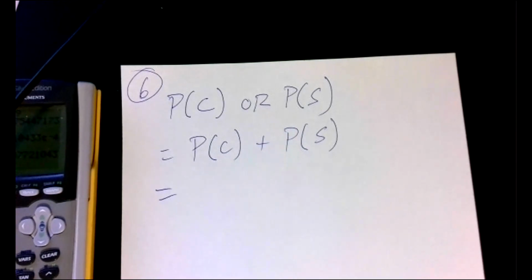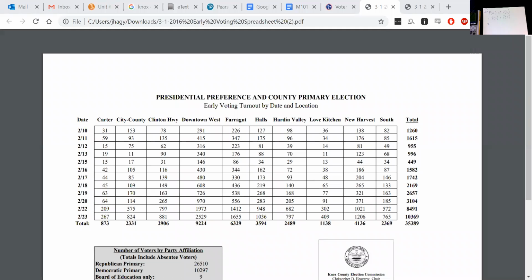So if we go back to our data, the total number of people who voted at Carter was 873, plus the total number of people who voted at South, which is 2,369, still out of the total 35,389.